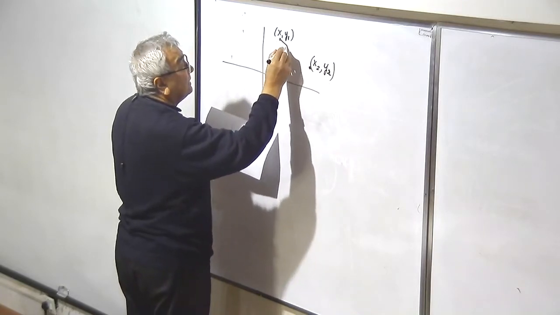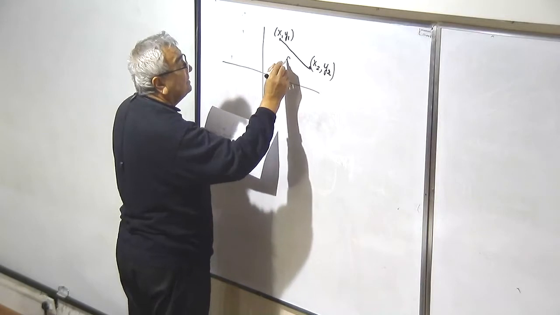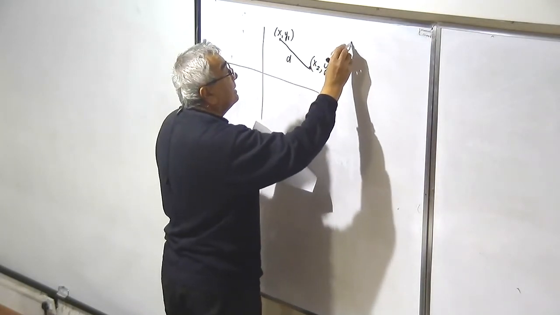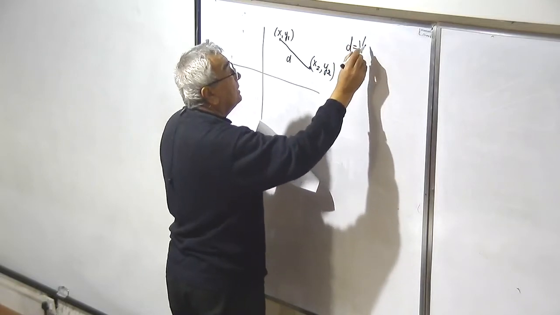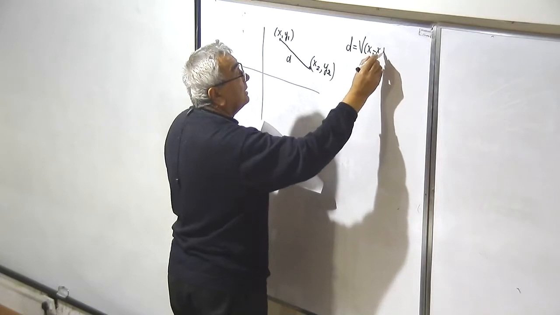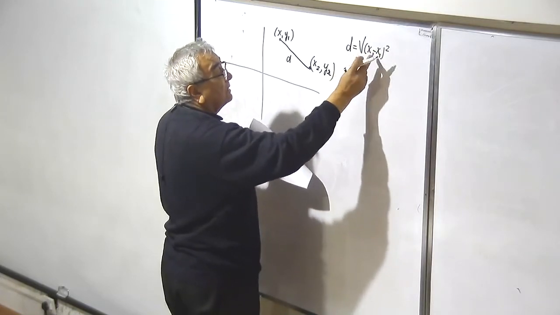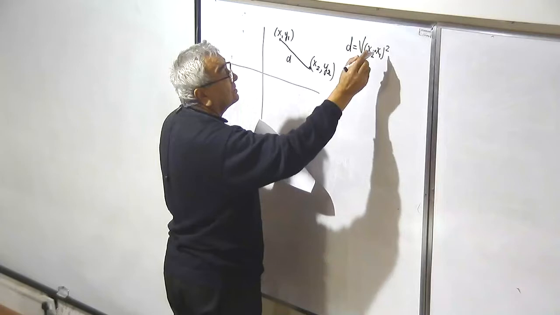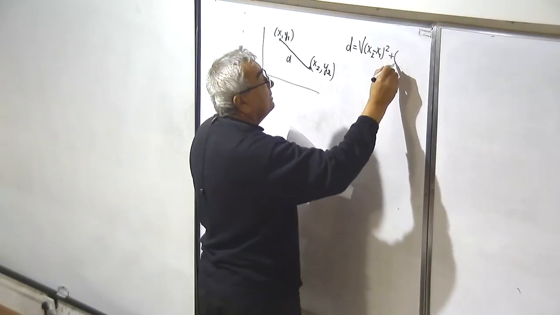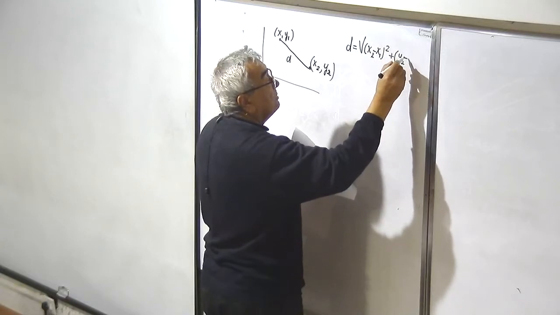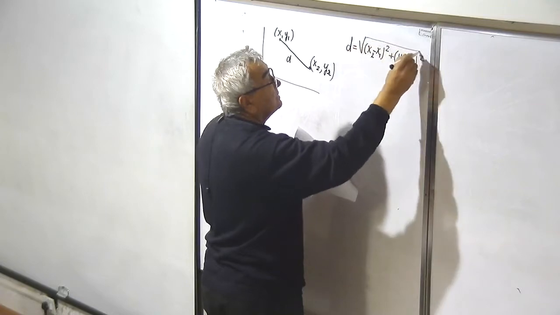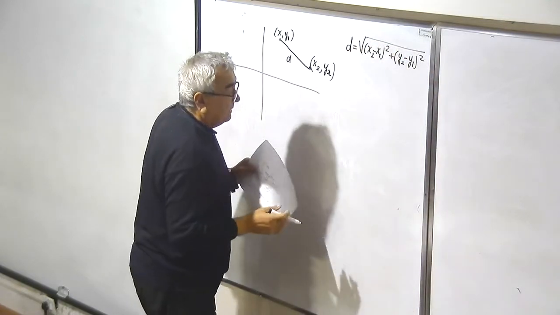The distance between them, d, is defined by the following equation. d is the square root of (x2 minus x1) squared plus (y2 minus y1) squared. It is possible to swap x1 and x2 because you take the square, so the result will be the same. This gives the distance between the points.